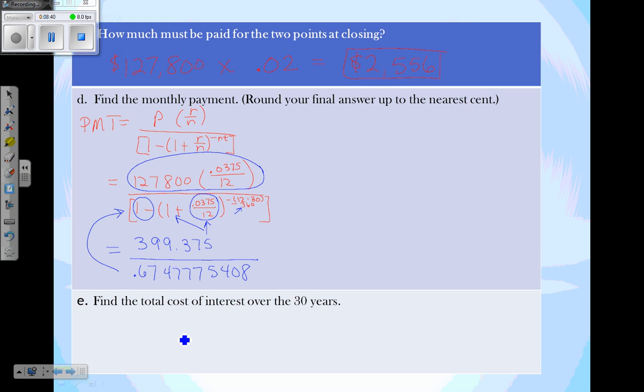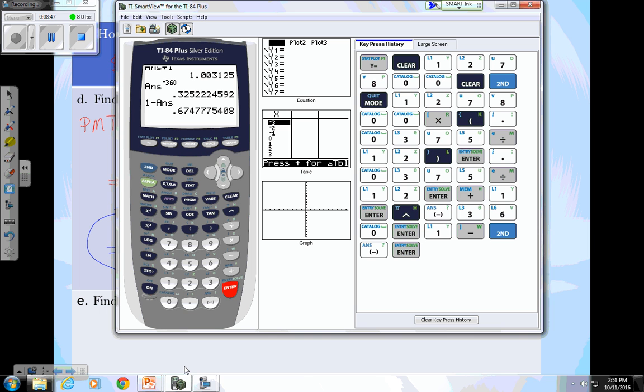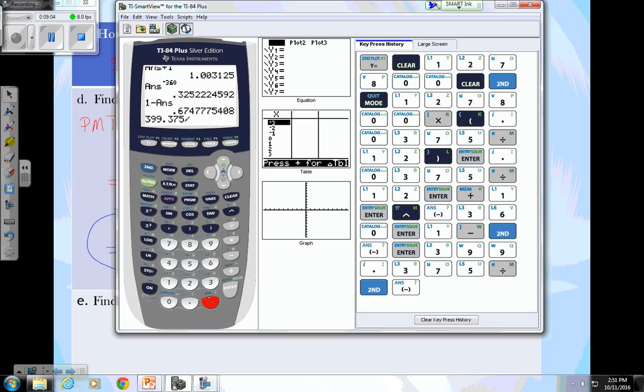So now I'm going to go back to my calculator and finish doing this problem. Okay, so now that I have this in memory, 0.674777548, I'm going to take 399.375, and I'm going to divide that by what's in memory. So I'm going to hit second answer, and that will give me the division of the 399.375 by the 0.674777548.